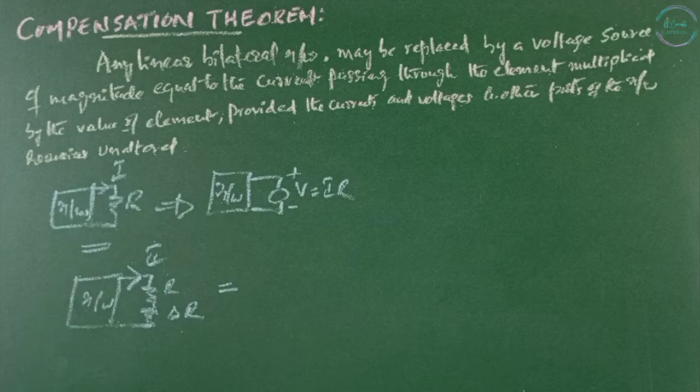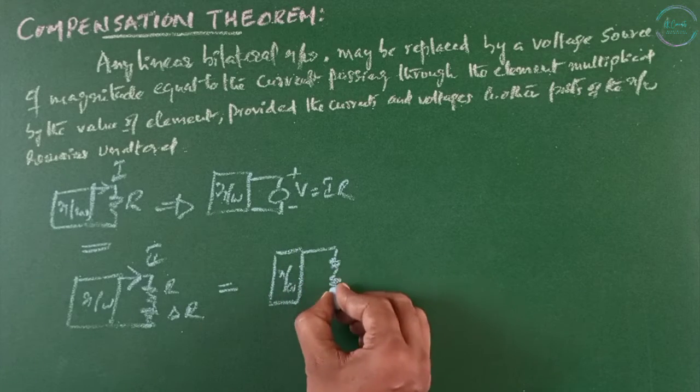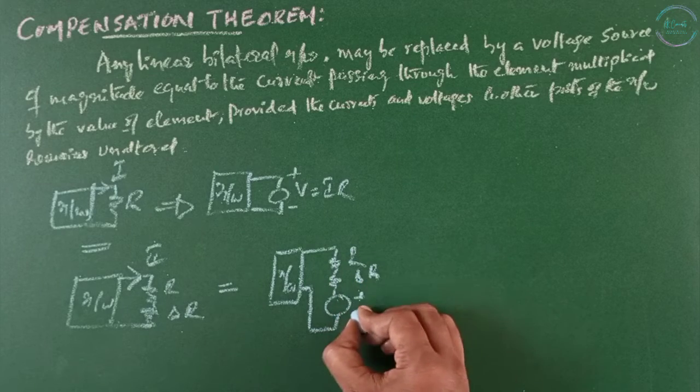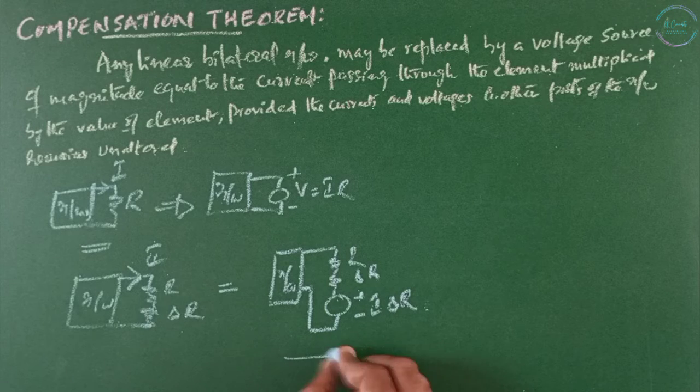This current increment in the other branches is equal to the current provided by a voltage source of I delta R, which is placed in series with the altered resistance, as shown in this network.